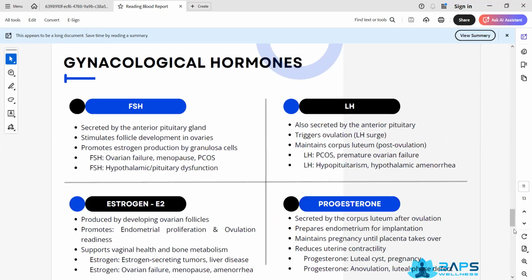Then come the gynecological hormones. There are two types of hormones that are secreted from the pituitary gland and two from the ovaries. These four regulate the entire menstrual cycle and enable fertility. FSH is the one which stimulates the primordial follicles.